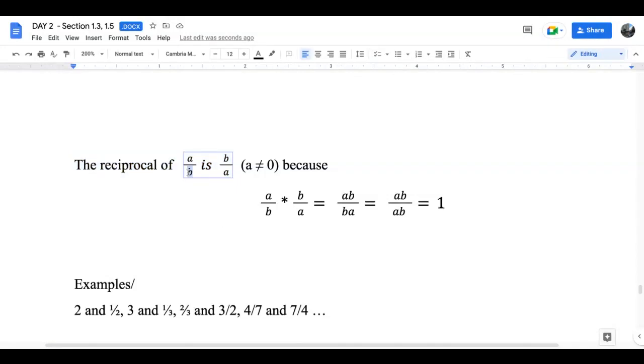But then we require B cannot be 0, A cannot be 0, because A over B times B over A equals 1, the multiplicative identity. So any two numbers multiplied to be 1 are called multiplicative inverses or reciprocals.